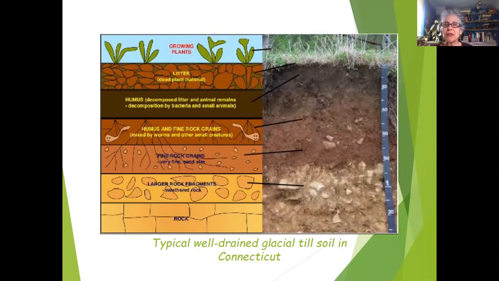As we go deeper into the soil profile, organic matter is reduced. This is because the organic matter for the soil is coming from above. It's coming from the trees and plants and animals.